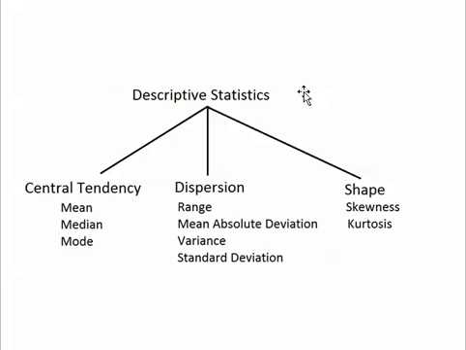For example, if I recorded the exam scores of a class and most of the students got scores somewhere in the middle, in the C range, and fewer people got low scores like D's and F's, and also fewer people got high scores like A's and B's, then the data would follow a bell shape, because there's few people down at the low end and also few people at the high end, and most people are piling up in the middle.